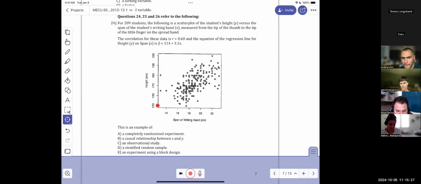Notice the axis does not start at 0. So this can go like that. I know I'm not supposed to extend things too far, but the line will show the intercept if you extend it, but it might not be meaningful because it's far away from the data.